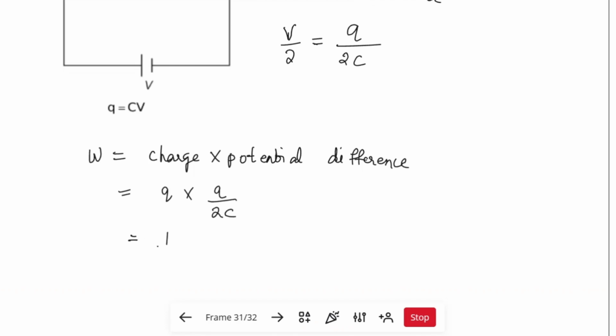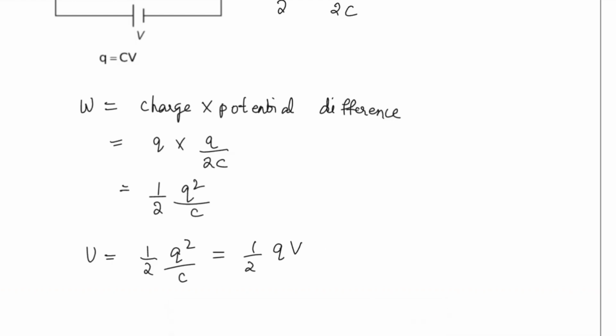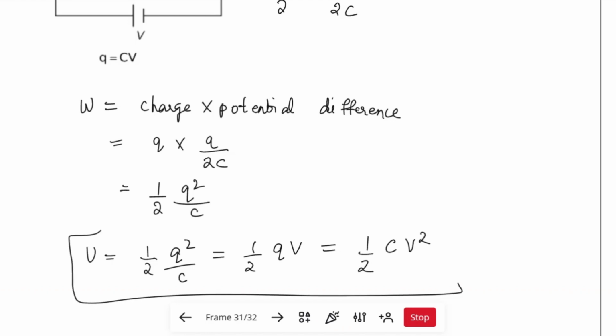So which is half Q square by C. Hence the potential energy, which is the work done, can be written as half into Q square by C, which is also half QV, which can also be written as half CV square. This is the energy stored in the capacitor.